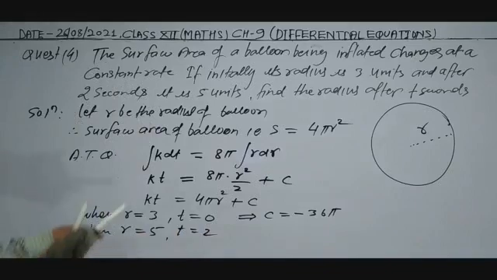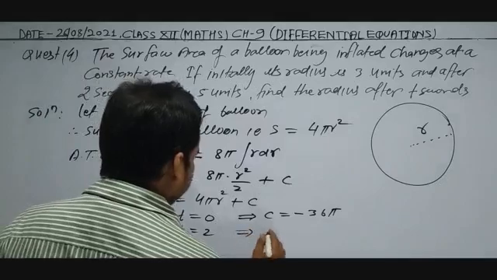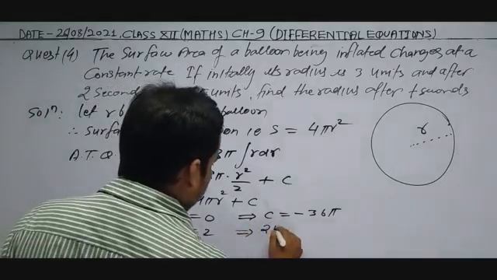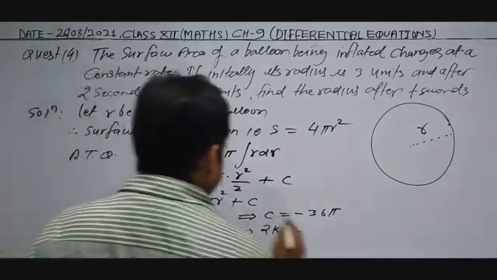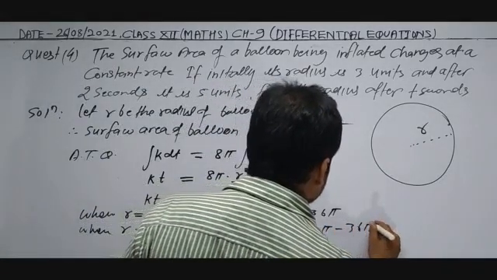So put t equal to 2 and r equal to 5. Then 2k is equal to 25 times 4, which is 100 pi, minus 36 pi. So this is 2k, and this is 100 pi minus 36 pi.